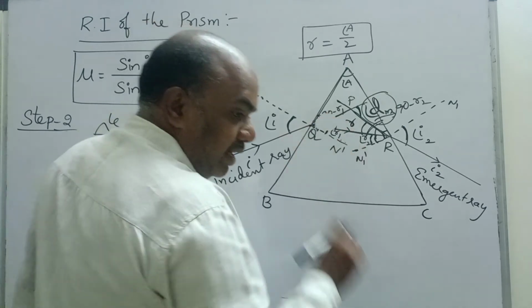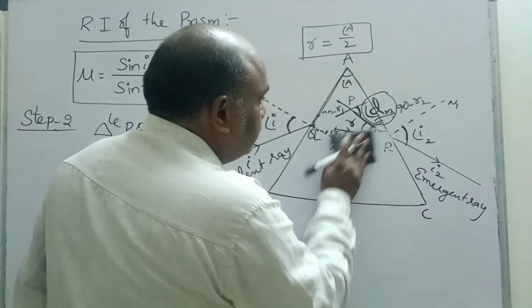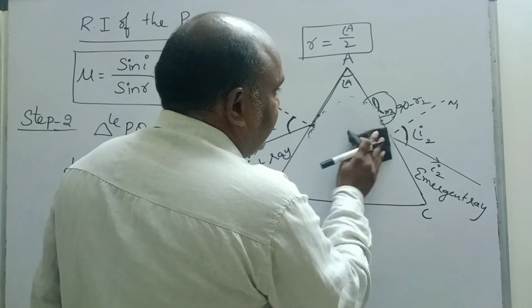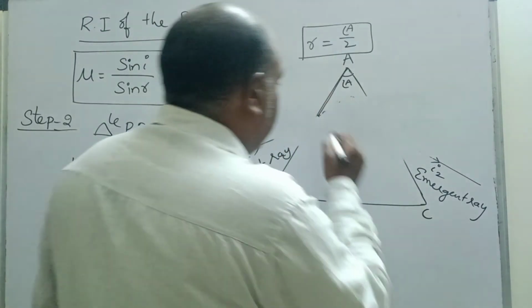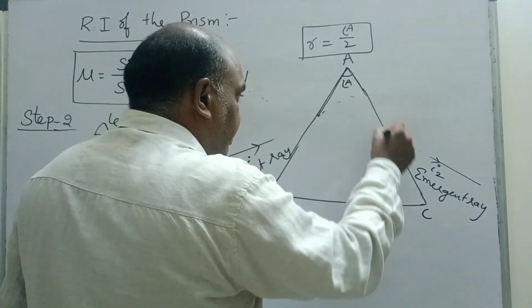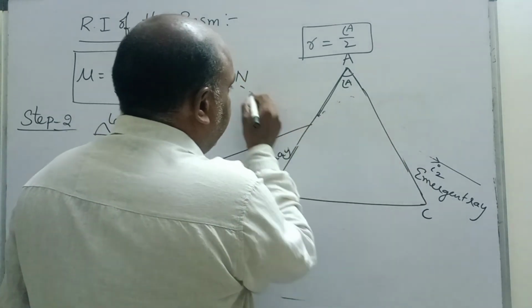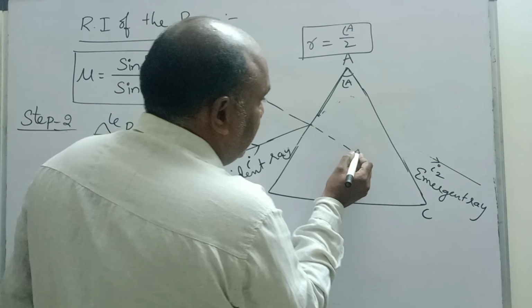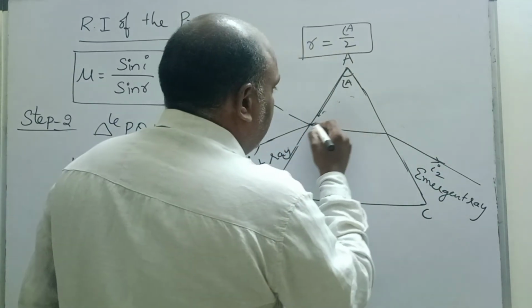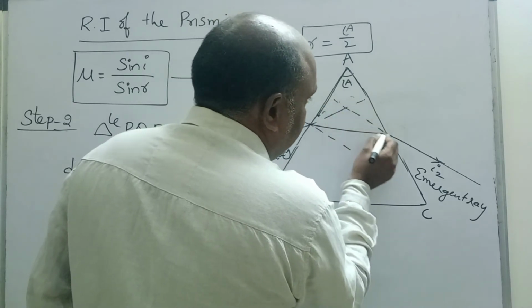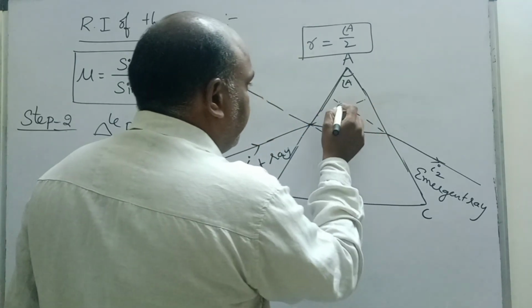Once again I will draw here, to avoid confusion. See, children, this is the prism, incident ray, normal, refracted ray, emergent ray, extended incident ray, extended emergent ray.